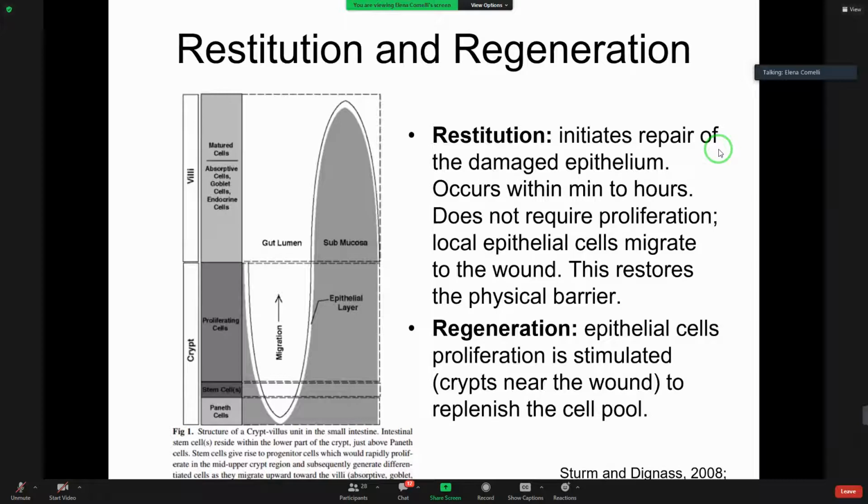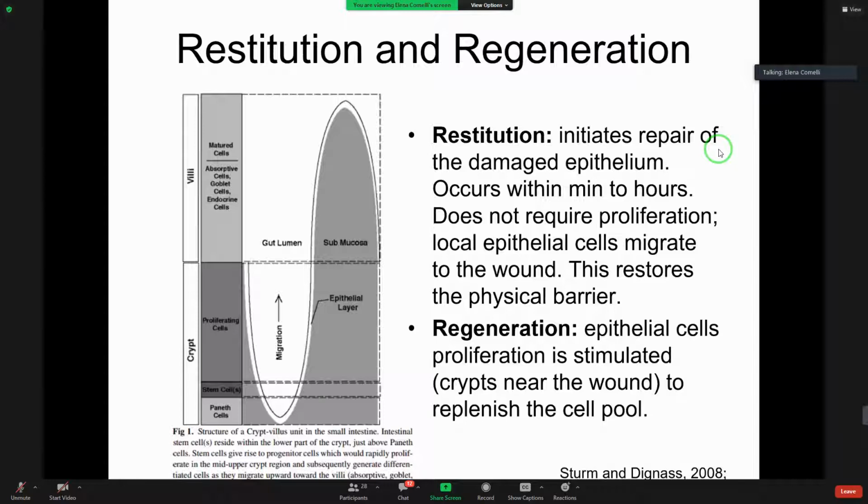So when there is damage in the intestinal epithelium, restitution refers to the initial repair of this damage. It occurs within minutes to hours and does not really require cellular proliferation. So there are local epithelial cells that migrate towards the wound to restore the integrity and the physical barrier.